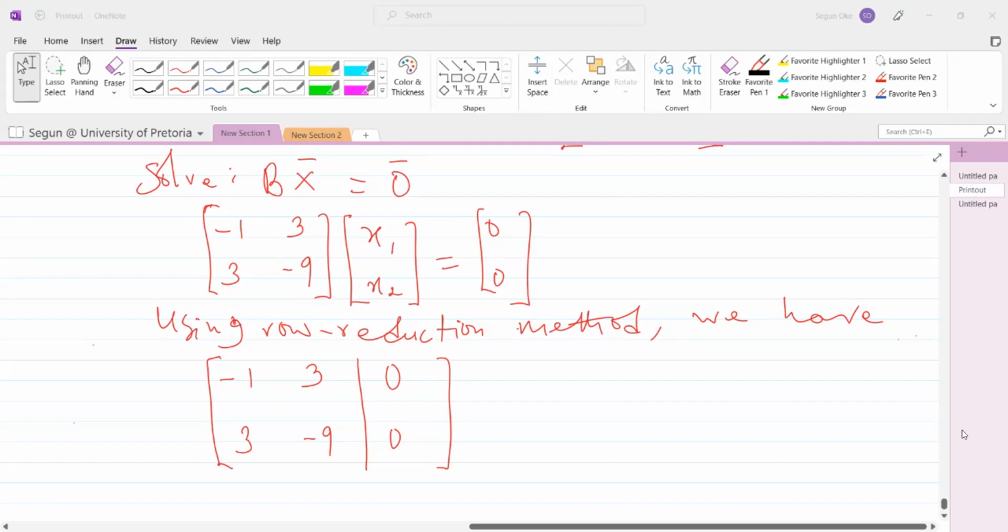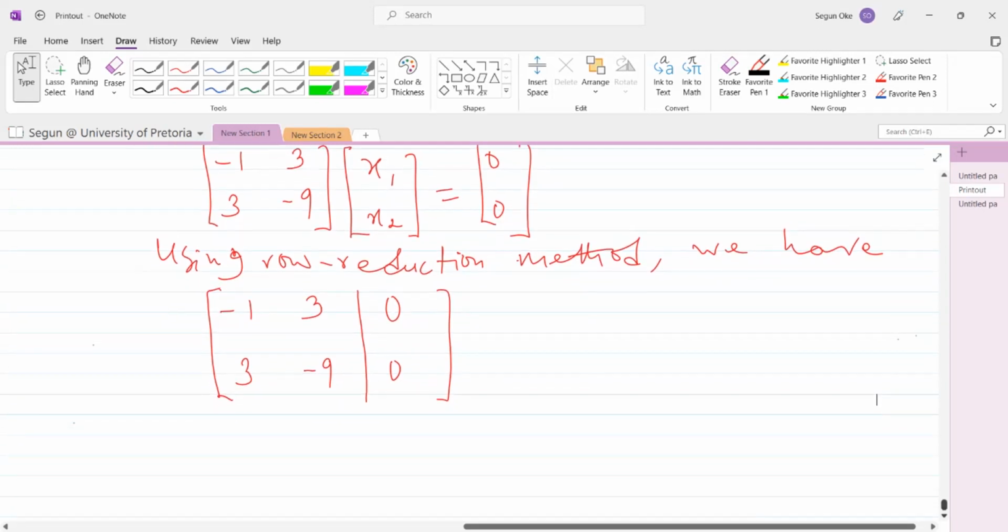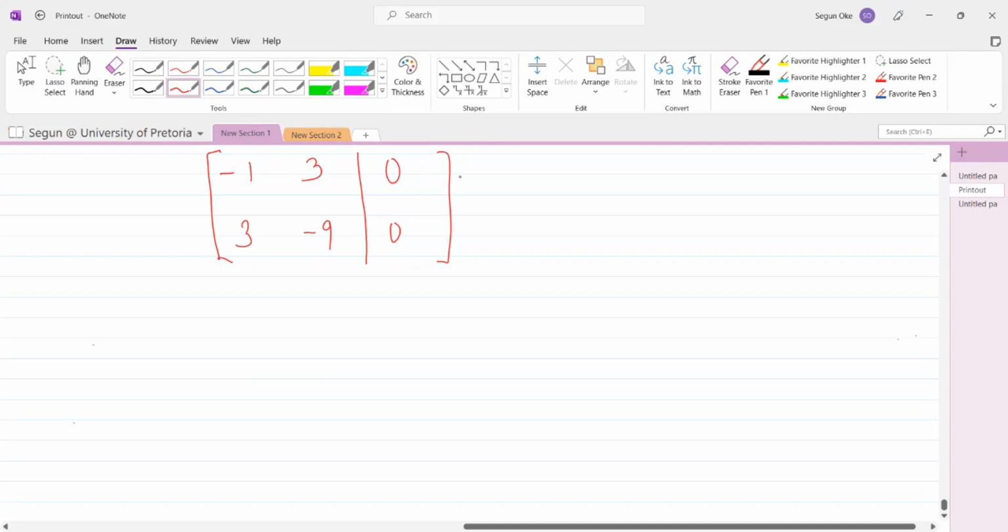Who can tell us the operation? We make R2 to R2 plus 3R1.